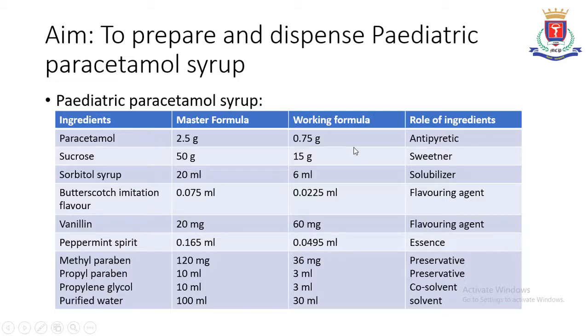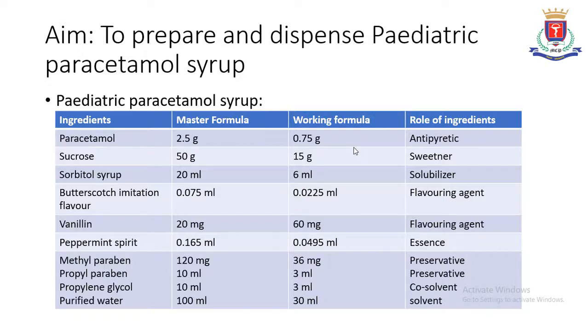Now why is there a need to prepare a pediatric paracetamol syrup when tablets are already available in the market? Tablets are usually the more preferable dose form for adults, but for children, especially toddlers, that is children in the age group of 1 to 3 years, they have a swallowing problem.